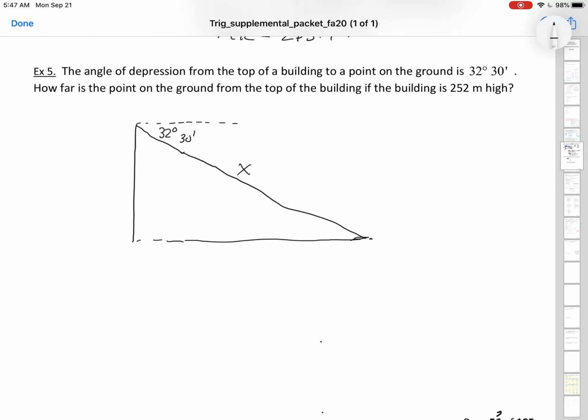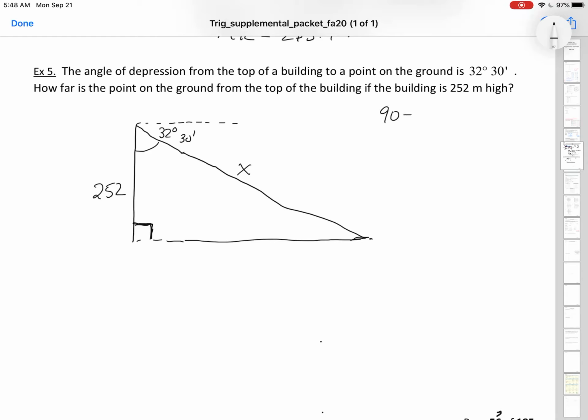We know that this is 252. So we're given a side, and what? This isn't even from this section. This is back in chapter 2. We've got a right triangle, which is going to be easy. Let's figure out what this angle is right here. It's got to be the makeup to 90 degrees.